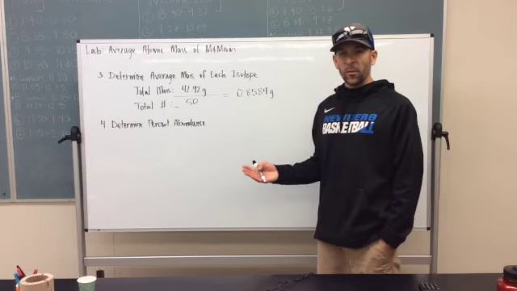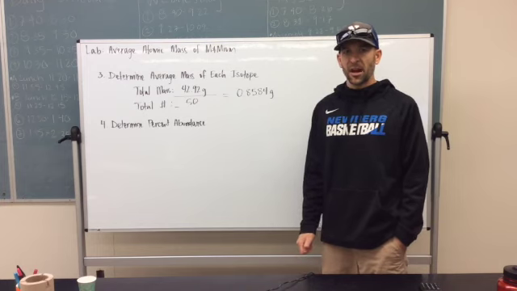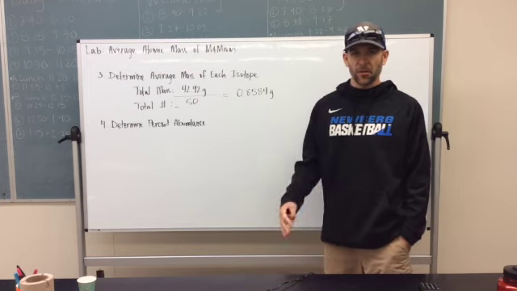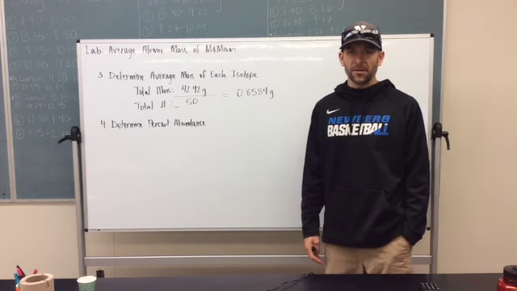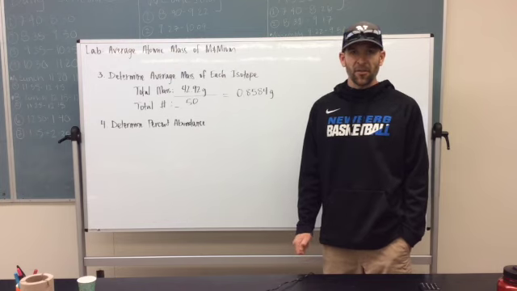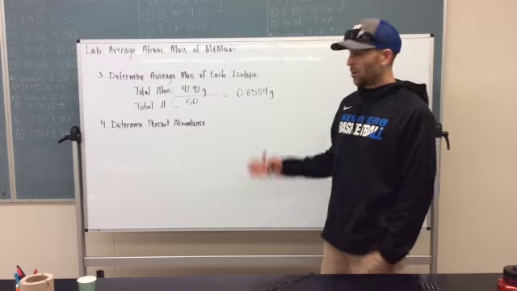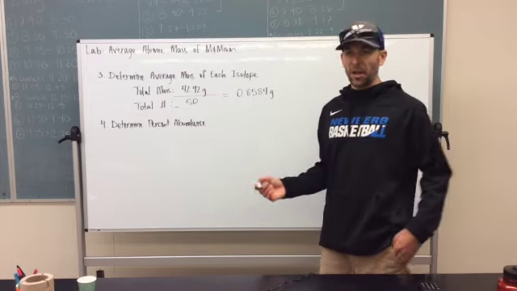In step 4 of our procedure, we need to determine the percentage abundance of each isotope present within the total sample. In order to do this, we are going to take the number of atoms of a particular isotope and divide it by the total number of atoms within the sample. Let's complete the calculation for plain M&Ms.